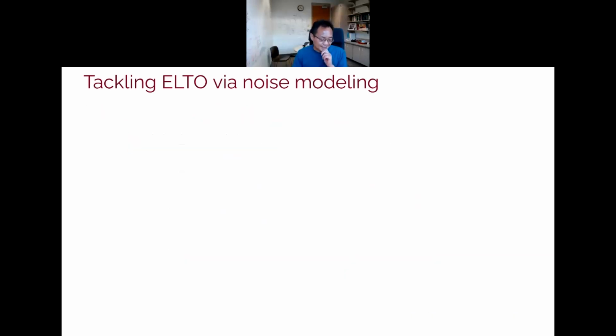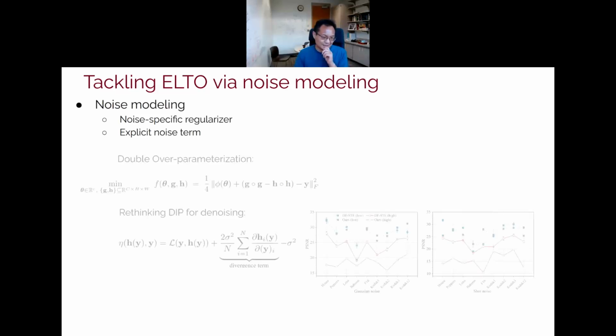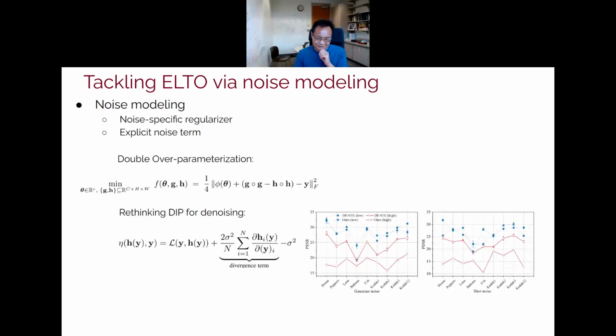Another family of ideas is trying to model the noise. And from modeling the noise, we try to design something to get rid of the overfitting. I'm going to just quickly talk about two representative examples. One of the examples is called DOP, double overparametrization, where they only deal with the case where the noise is sparse noise.